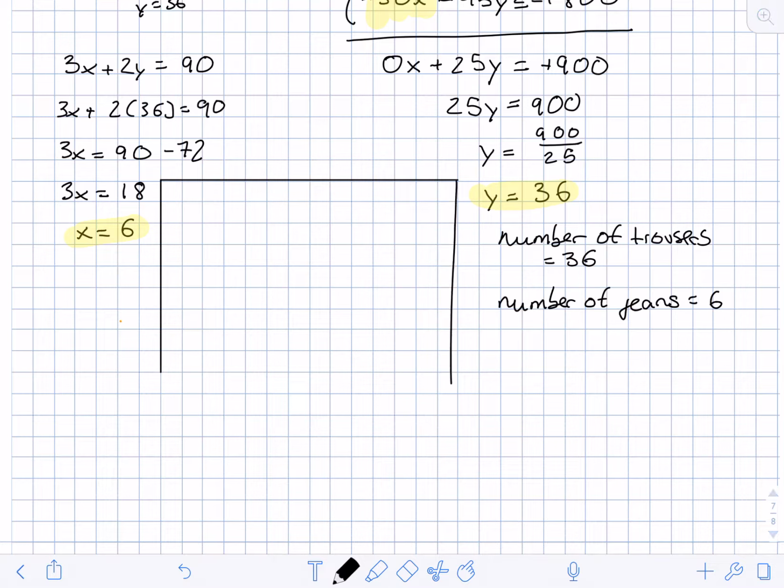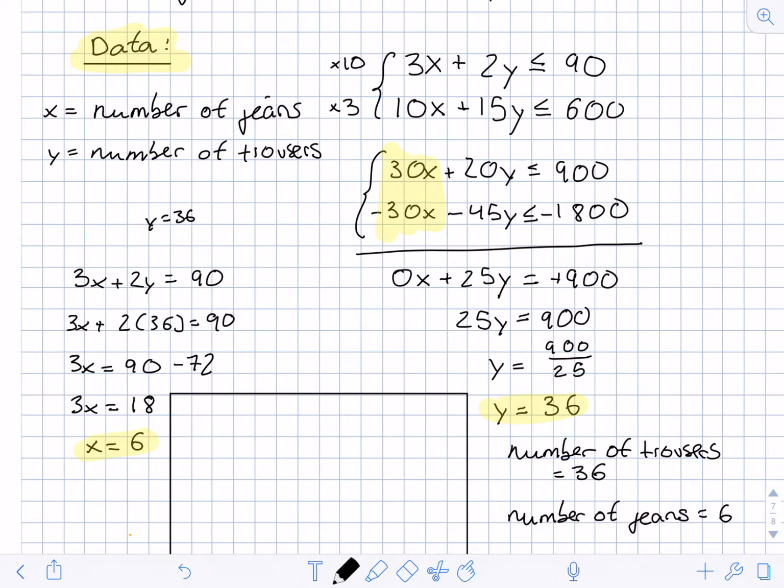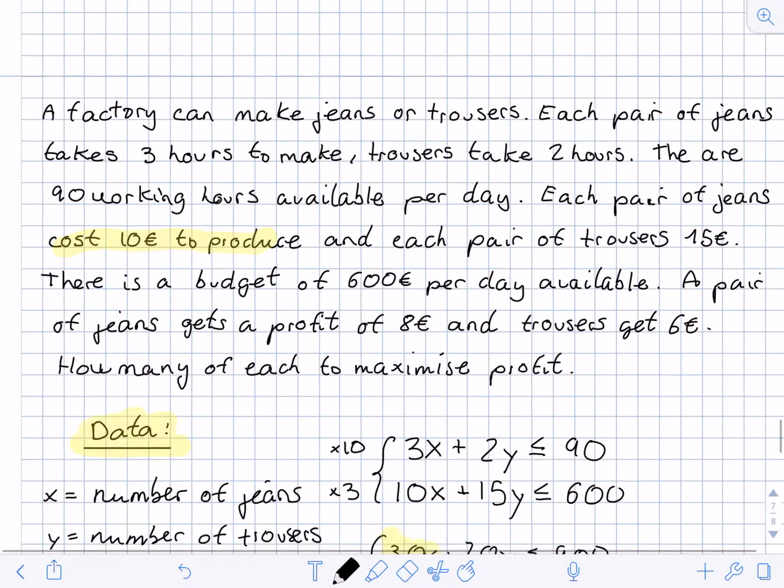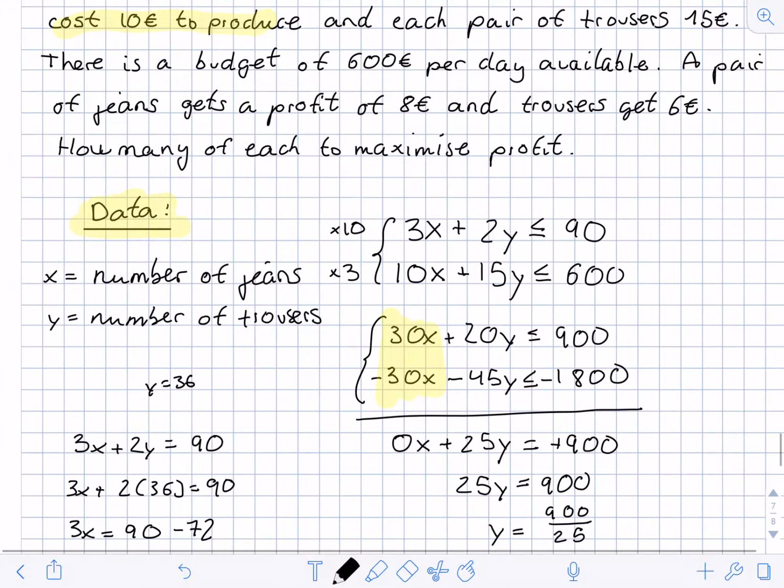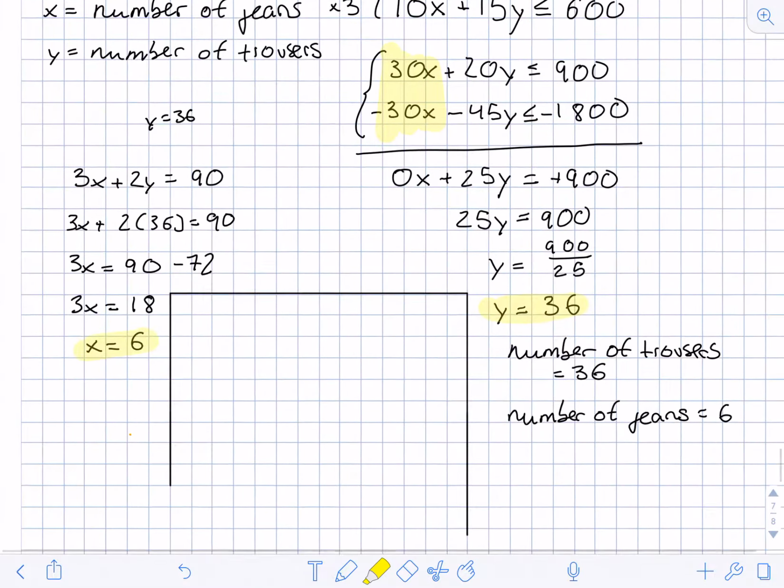Let me just make a square here. So we say that we're gonna make a profit for each pair of jeans. I'll highlight it here. A pair of jeans gets a profit of €8 and trousers get 6. So jeans, 6 by 8 is equal to 48.